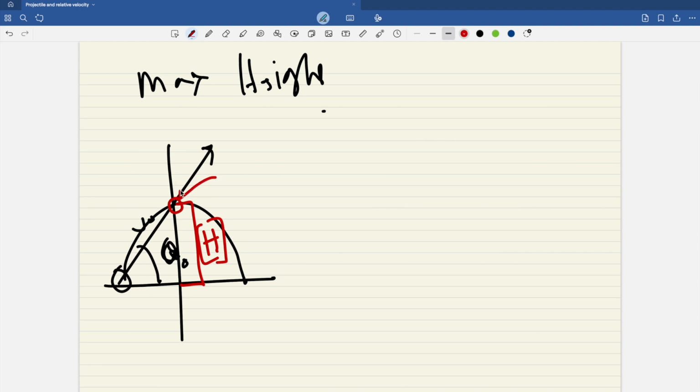So this is the final point here, and if this is the initial point here, then we know that v square equals u square minus 2gh. Why have we written this equation? Because it has the height h.